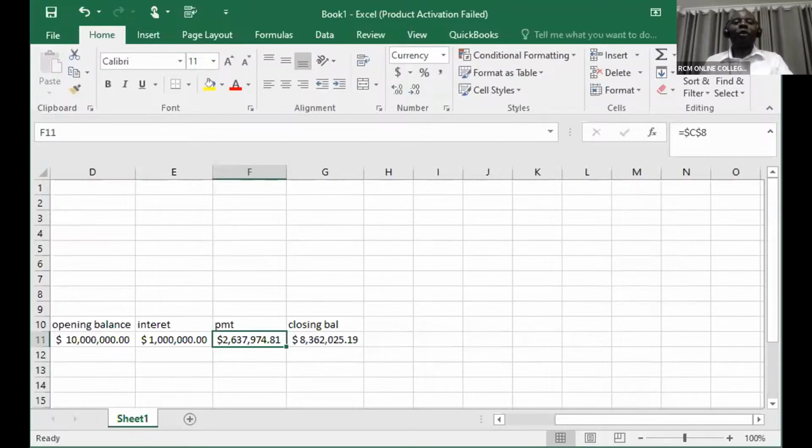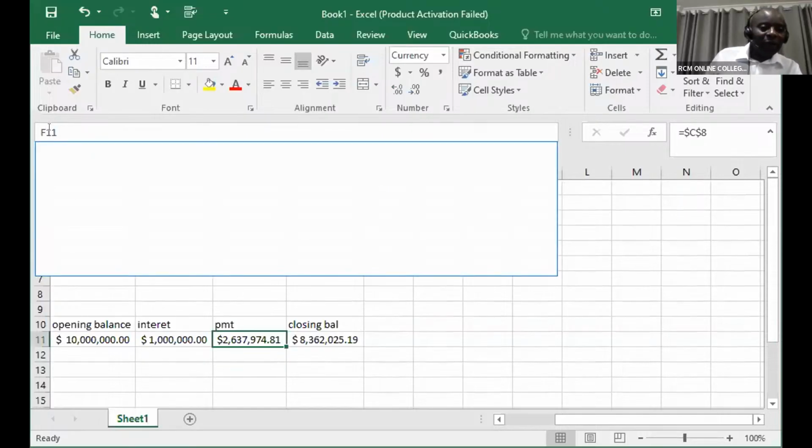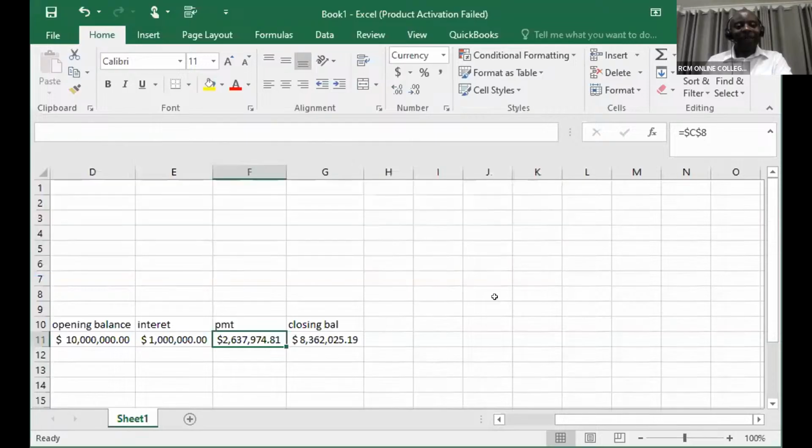Put your cursor, first of all, in the formula F11. Up there in the formula, put your cursor there for the formula to come live. Oh, no, you should have just clicked. Don't highlight. Click in front. Have you clicked really? I don't know. Okay, you can again start.